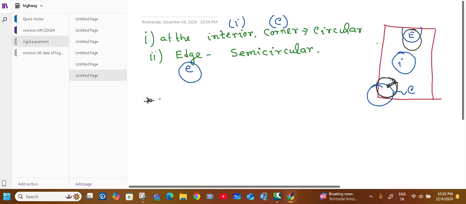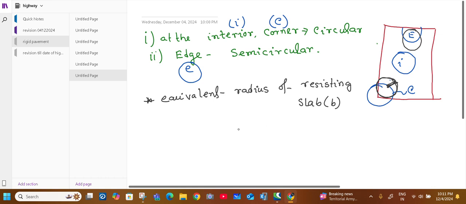Equivalent radius of resisting slab is b equal to root of 1.6 a square plus h square minus 0.675 h.